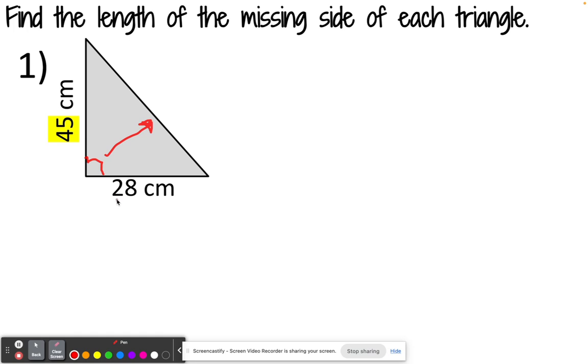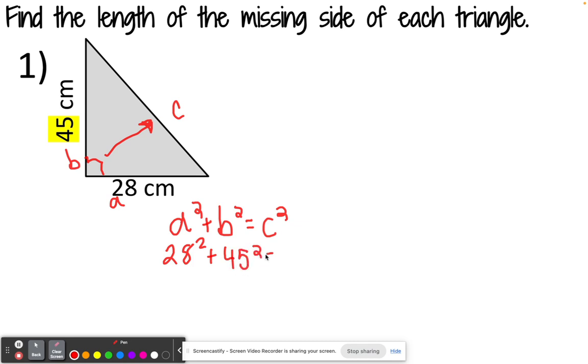We'll call this leg A and this leg B. In this case, we are looking for side C. So remembering a squared plus b squared equals c squared, we can plug in my numbers and solve for C. A is 28, so 28 squared, plus b squared, b is 45, equals c squared.